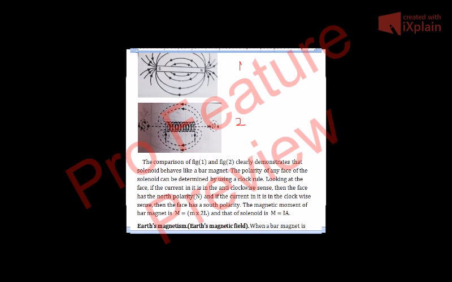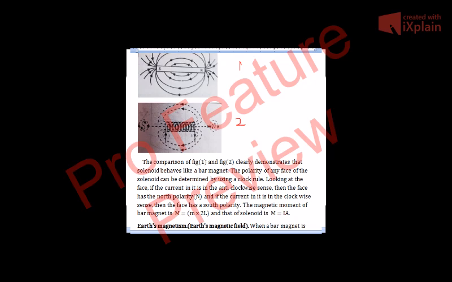Outside the solenoid, the field lines go from north pole to south pole, and inside the solenoid, they go from south pole to north pole. In both cases they are closed curves. So the solenoid is almost equivalent to the bar magnet. It has all the properties which the bar magnet has.